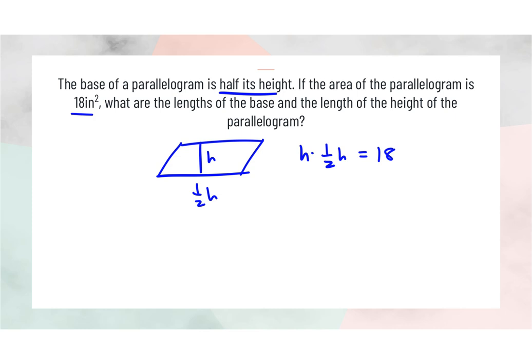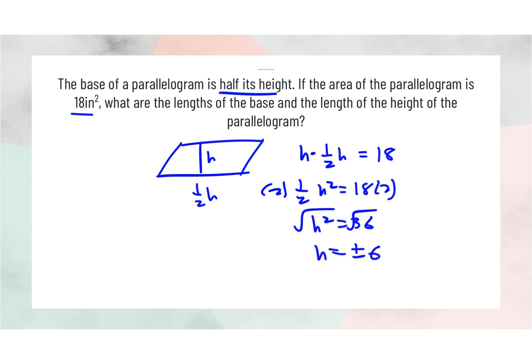Okay? So this would be 1/2 h squared equals 18. So if I double it, h squared equals 36. So h is going to equal plus or minus 6. But I know that it's got to be positive because it's the length. So the height is 6, the base is going to be 3.